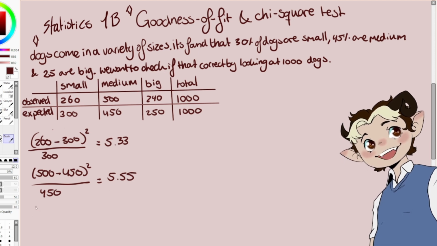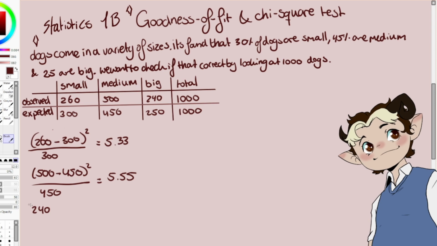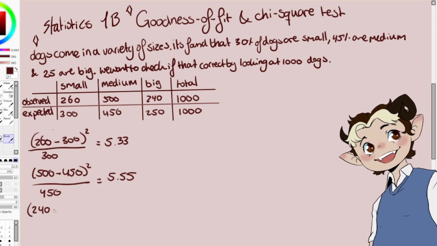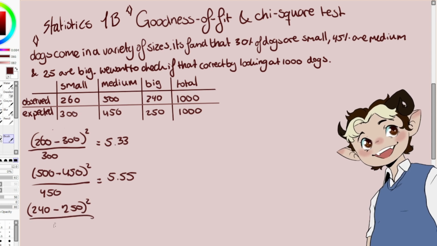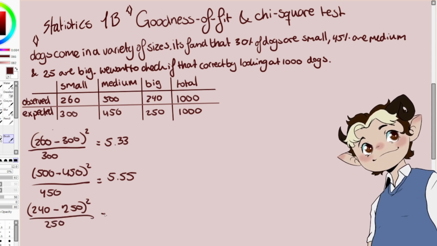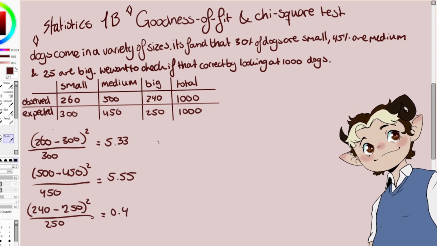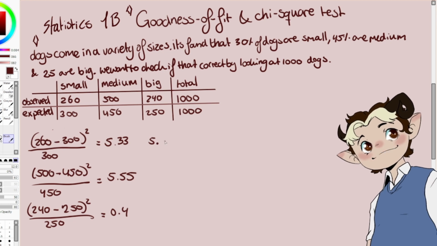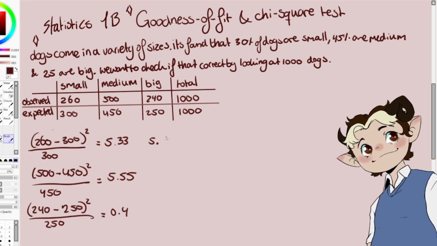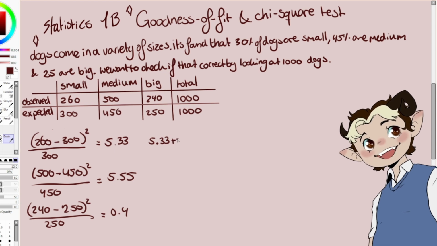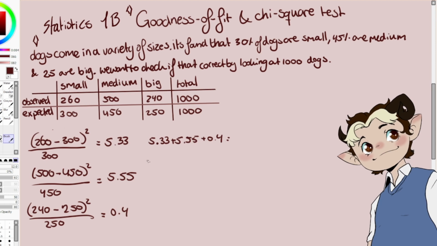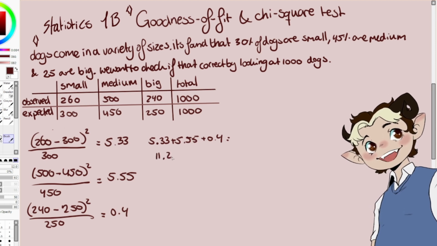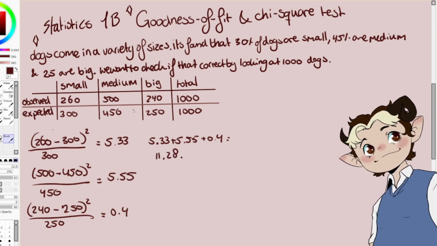And lastly, the big dogs. It is 240 minus 250 squared divided by 250, which is 0.4. Well then, now we have to put those together because we had the sigma in front of it, which is 5.33 plus 5.55 plus 0.4, which gives us a total of 11.28.